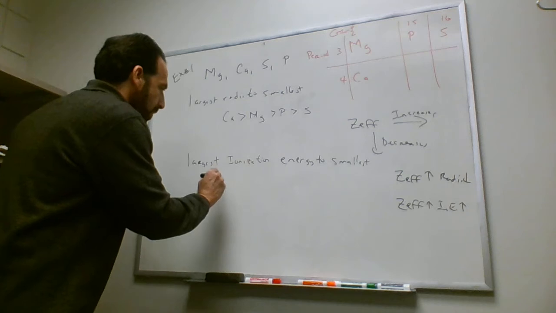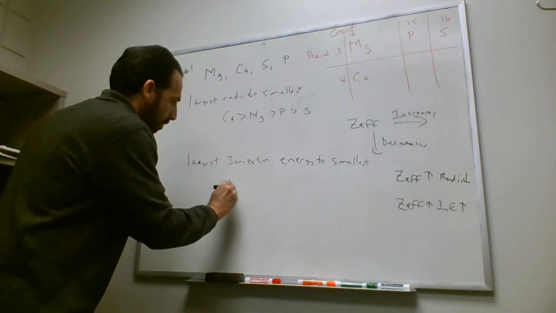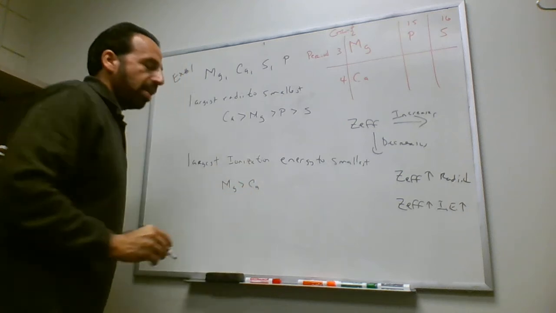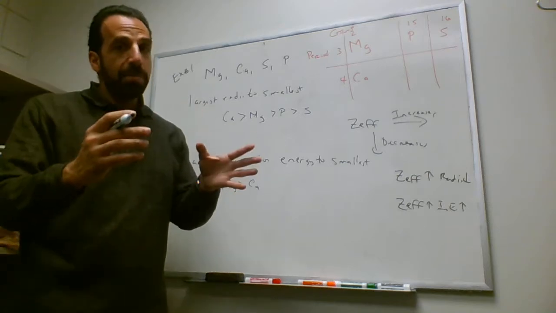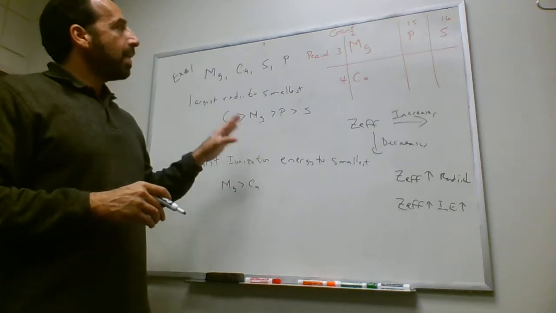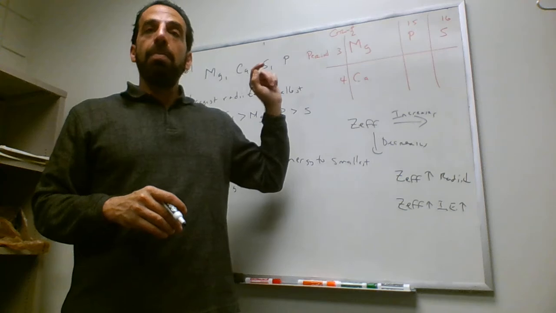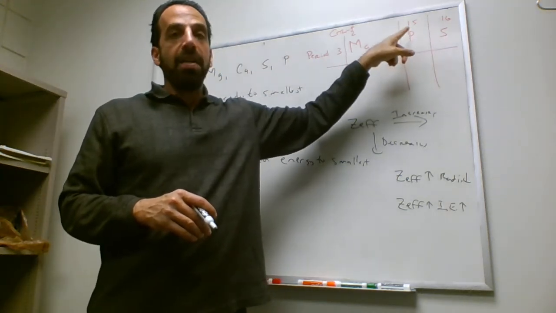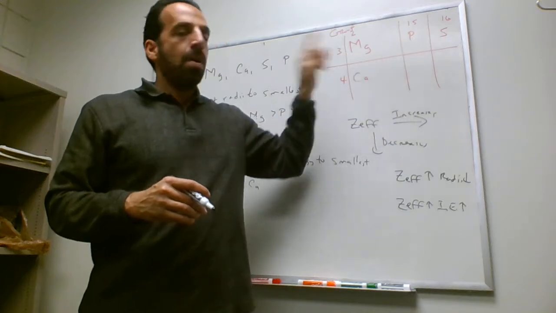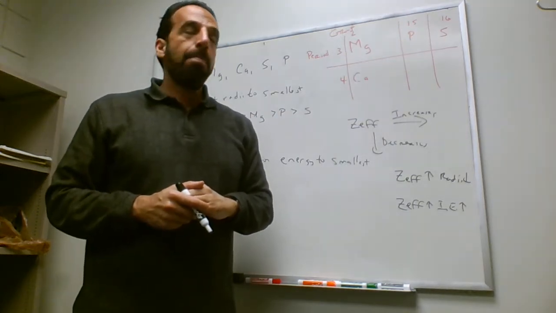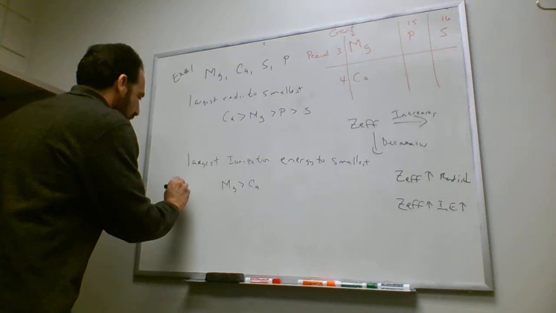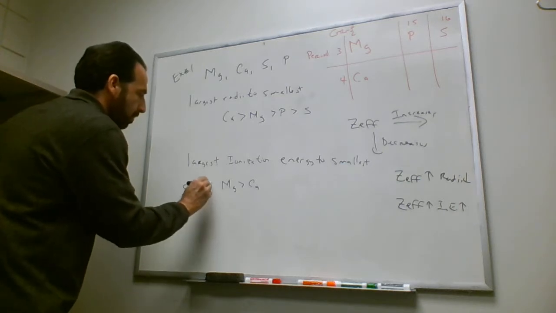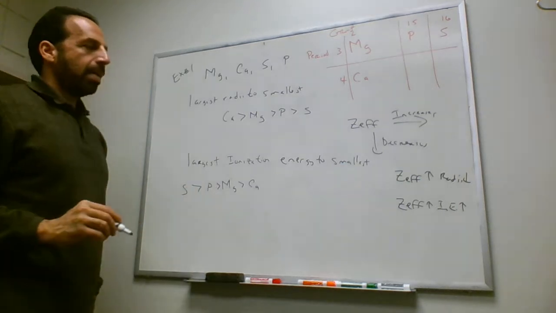So magnesium has a greater ionization energy than calcium. Again, this is compared within the same group. Now, as I go across period 3, ionization energy is going to increase. So sulfur is greater than phosphorus, greater than magnesium.